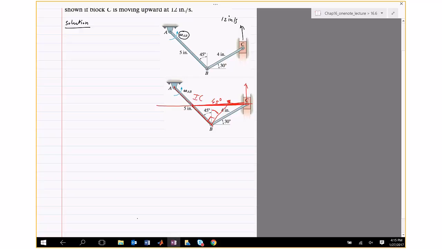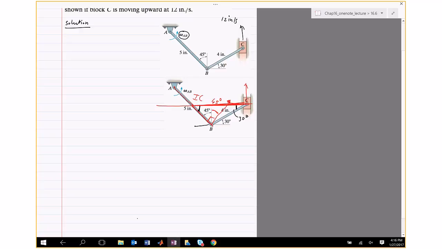This particular triangle, IC C B, let's try to get the angles for that triangle. We know that this is 45, this is 45, this is 30, so this has to be 30 degrees. So we've got this side. What else can we get from this triangle? Can we say something about this angle?